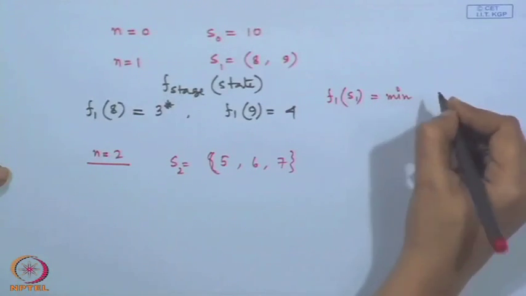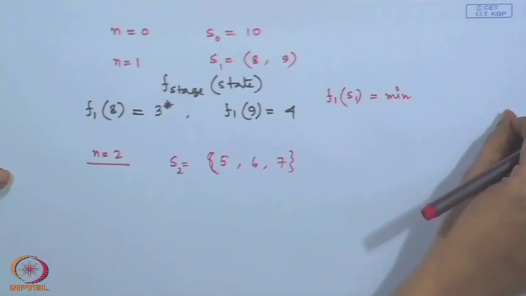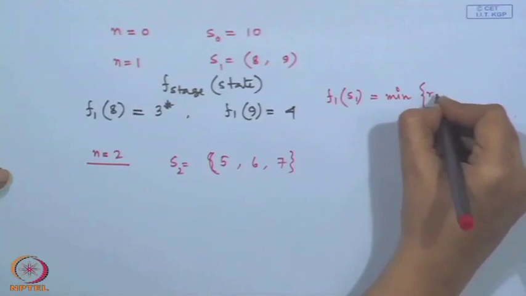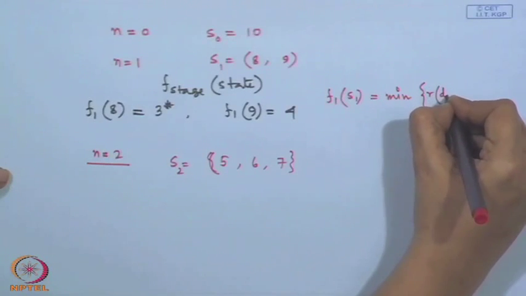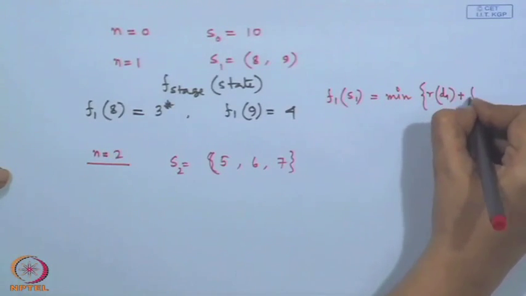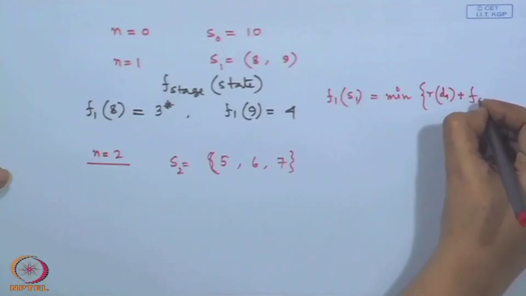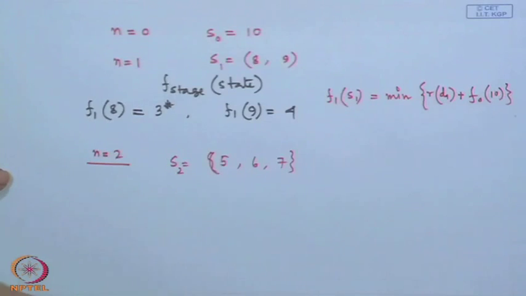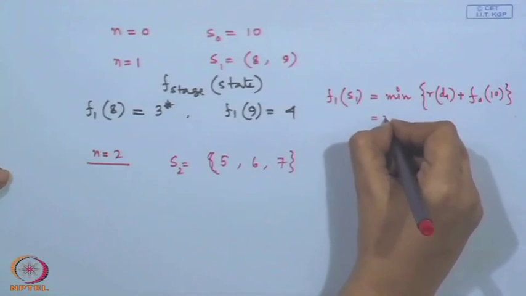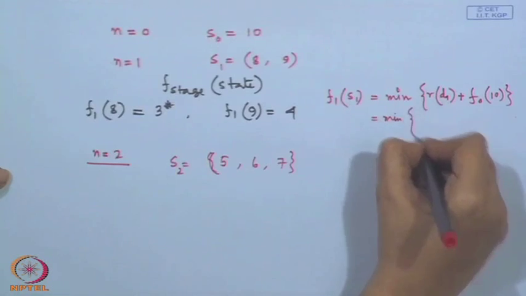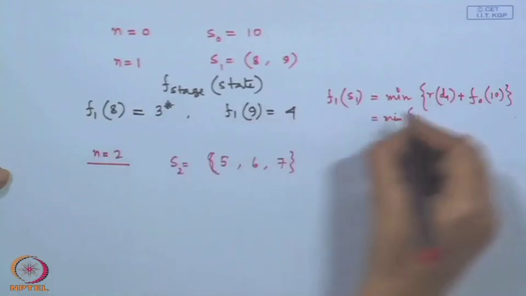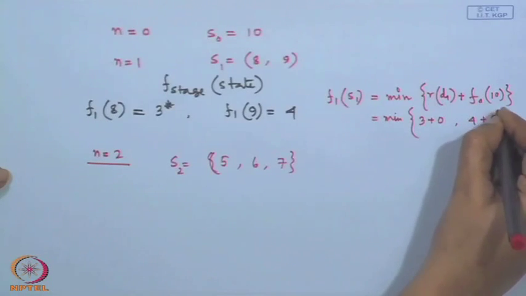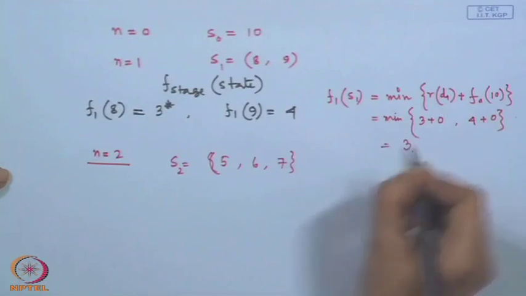This is the minimization problem. We wanted to minimize the objective function: f1 s1 is equal to the minimum of RD1 plus the previous stage, that is f0 s0, alright. If this is so, then we have two alternatives: one is RD1 is 3 plus 0, this is 0 always, and the other is 4 plus 0. That is why we have selected the 3 value here.